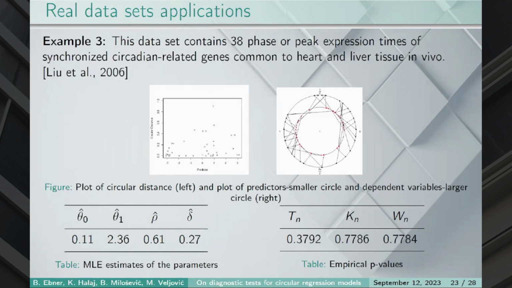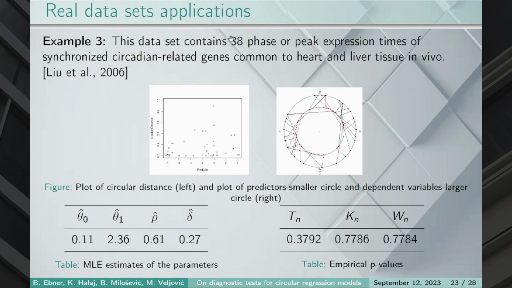And the last example contains a data set with 35 peak expression times of synchronized genes common to heart and liver tissue in vivo. The idea is to predict peak expression times related to liver based on peak expression times related to heart. From the plot of circular distance, we can see that 1 point is an outlier, and from the spoke plot we can see that we have a lot of good predictions, but also a few wrong predictions.